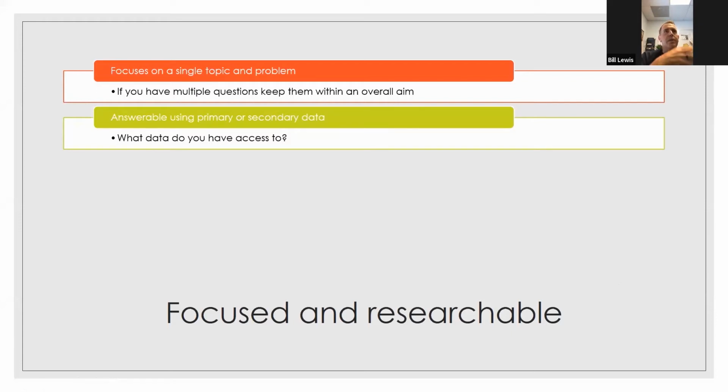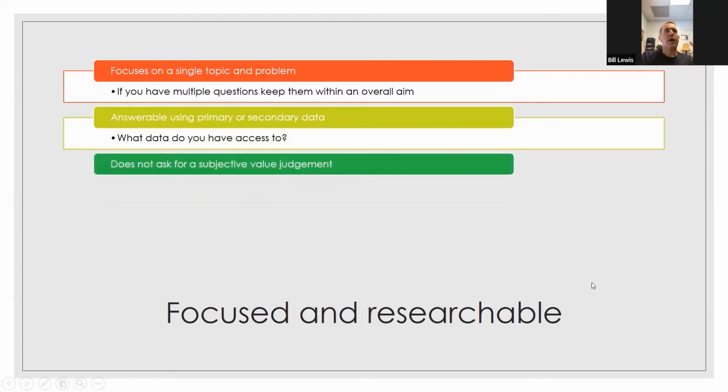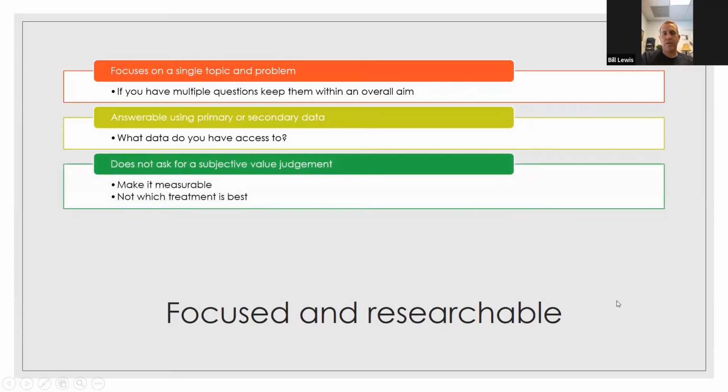And then, try not to make this a subjective one. What's the best treatment for high blood pressure is probably not the research question you want to ask.